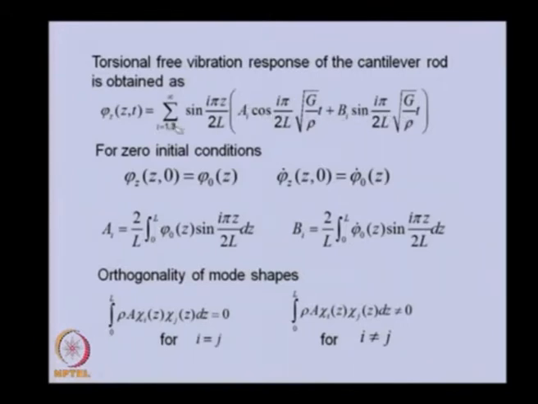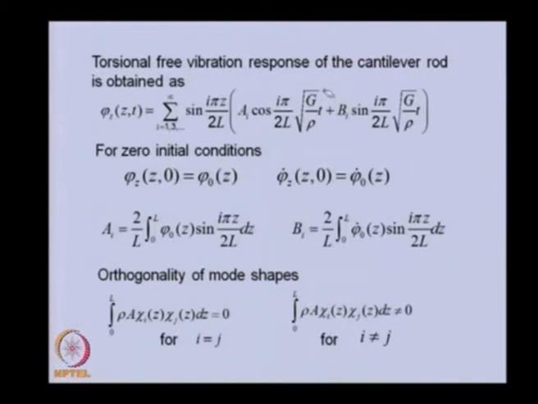You can see that we are expressing any general free vibration as a summation of various eigenfunctions and the harmonic function, where A and B are the contributions of various modes, and this will depend upon how we give the initial conditions.